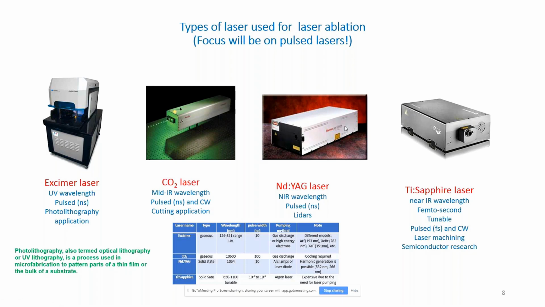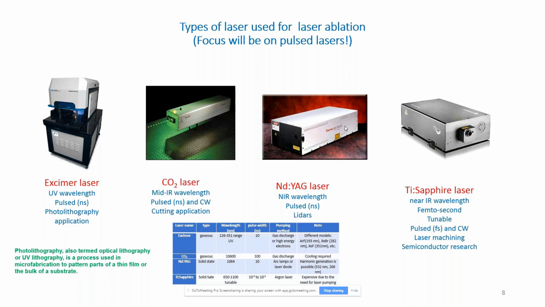Neodymium. So the lasing takes place in this crystal, and the pumping of this laser is usually optical. So you could pump it with the laser diode or with arc lamps. And the other great feature of this laser is that you could use harmonic generation.